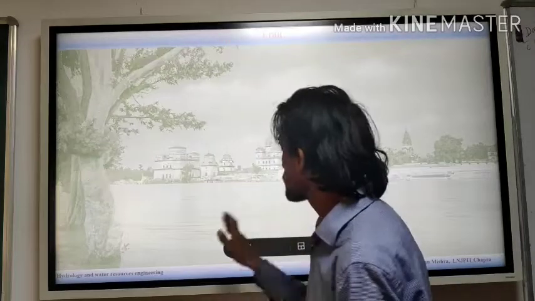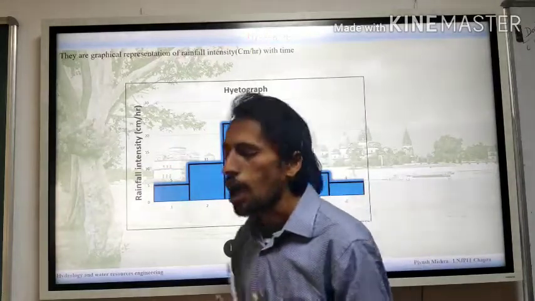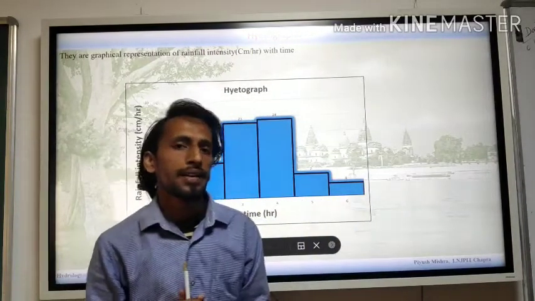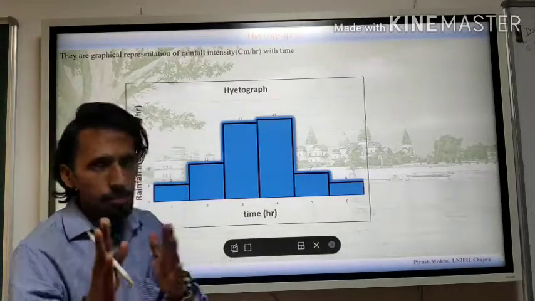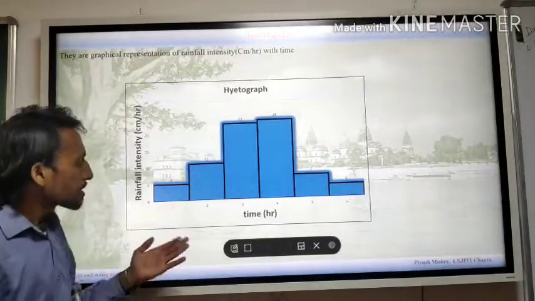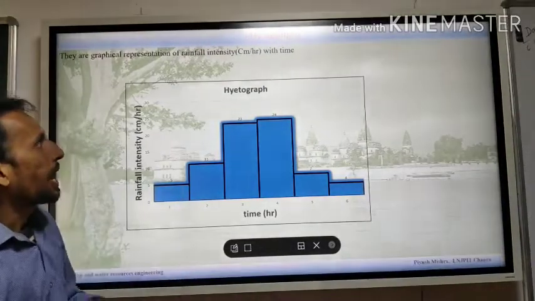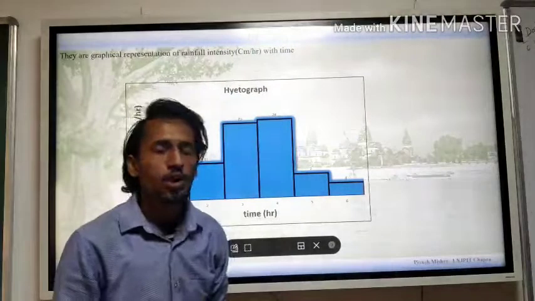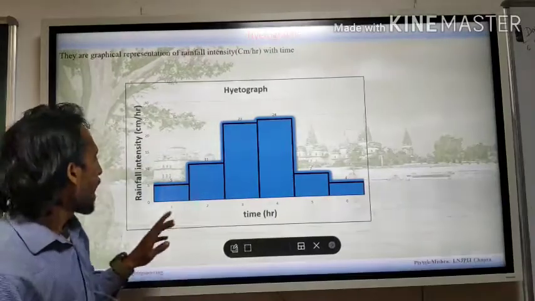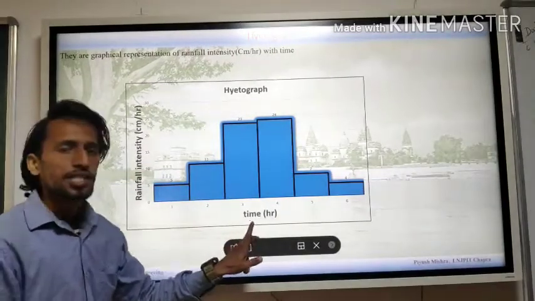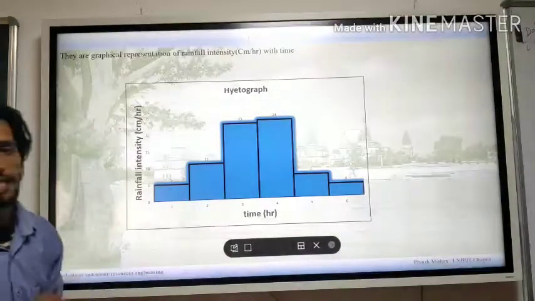So when you talk about the maximum values, how can these values be quantified? Okay, so before coming to that, this is a graph, basically a histogram, and we have a term that is called hydrograph. So hydrographs are basically histograms, and on the x-axis there is time, and on the y-axis it is rainfall intensity.